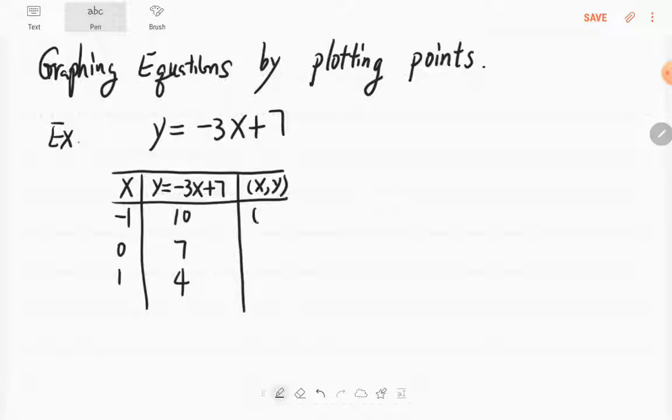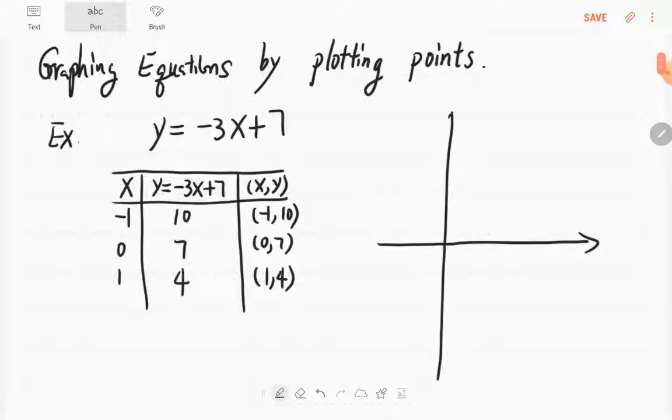So this point is -1, 10, and this is the 0, 7 point, and this is the 1, 4 point. You can have more points to make the graph more accurate, but here I just give you this example, to give you an idea.